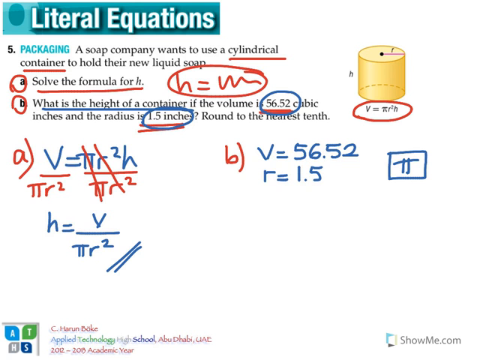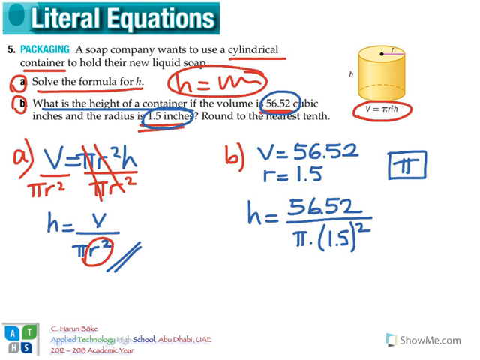So let's do the calculation. First, let's write the substitution. H will be 56.52 divided by pi times, now you see here it is R squared, so I have to write 1.5 squared. If you do the calculation, H will approximately be 8 inches.